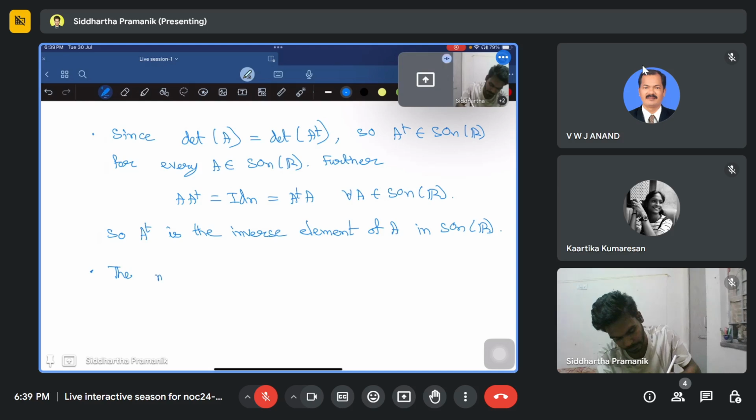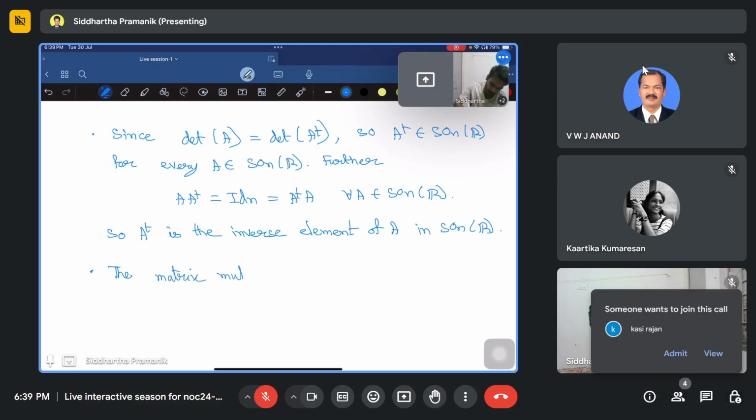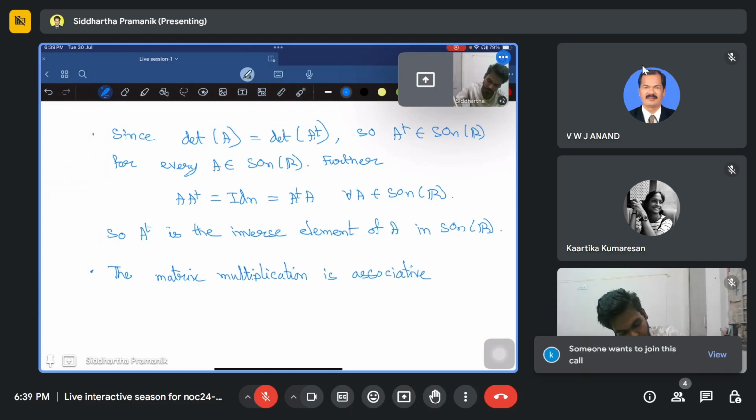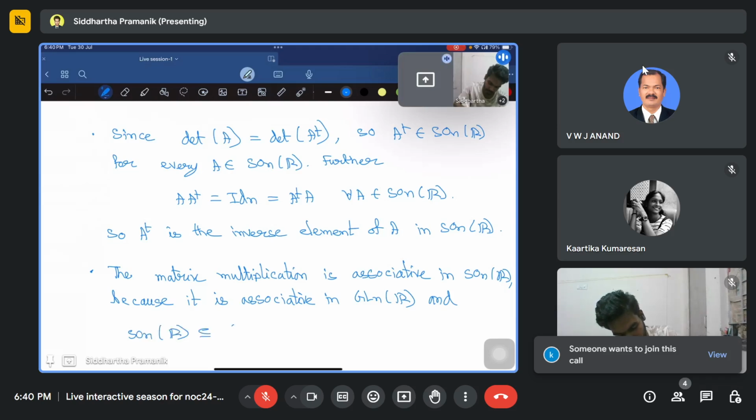So the matrix multiplication is associative in SO(n,R) because it is associative in GL(n,R), and we have seen that SO(n,R) is a subset of GL(n,R). So finally SO(n,R) forms a group with respect to matrix multiplication.